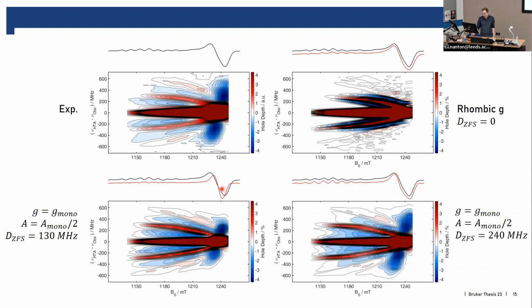But if you just play around a little bit, it actually works very well if the G and A tensors are the same as in the monomer. But for some reason, the ZFS is just higher than you expect. I don't quite know what that means. There are definitely many more people here who know more about copper porphyrins or porphyrins in general. So I guess that's on you to figure out why exactly this is the case.